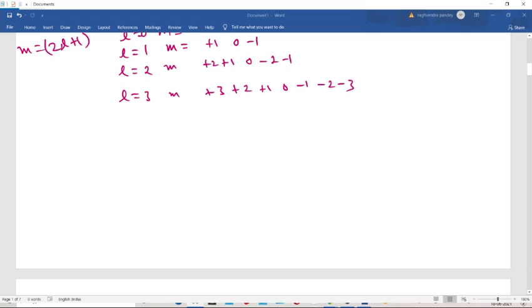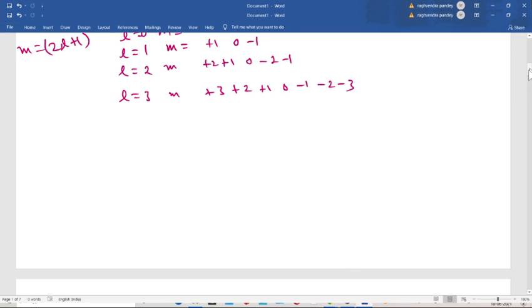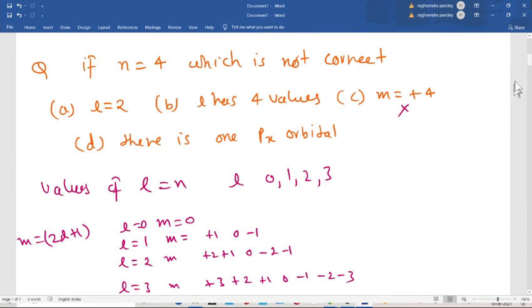I don't know. Okay, no problem then. So there are a lot of questions in atomic structure. You can see in the module.